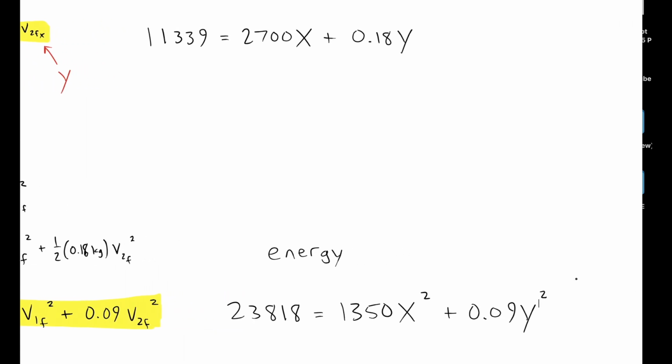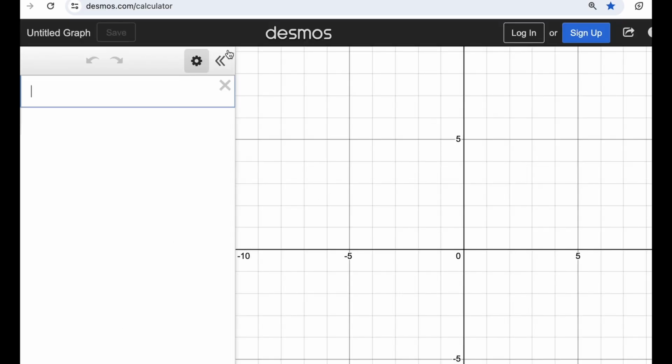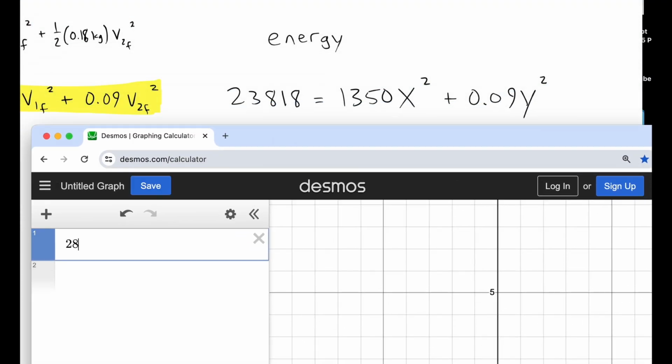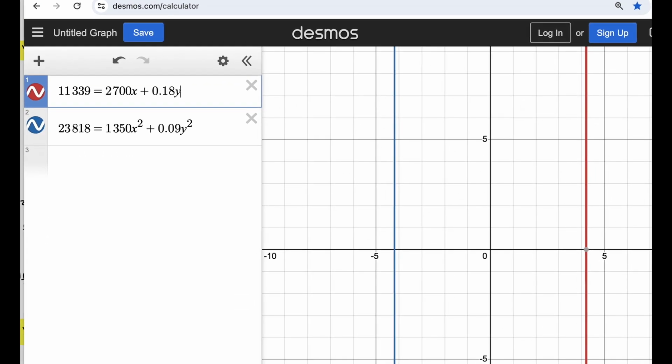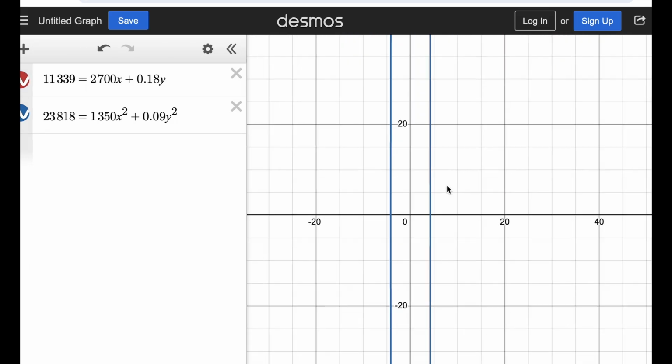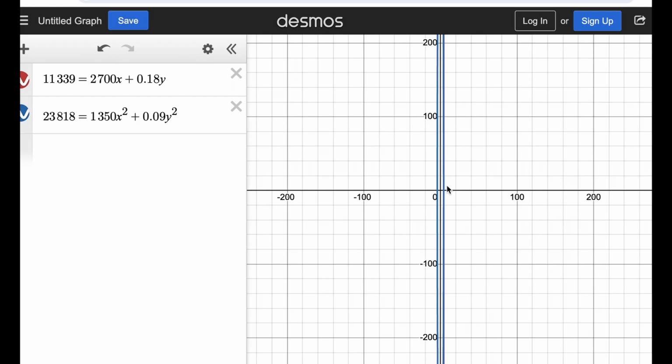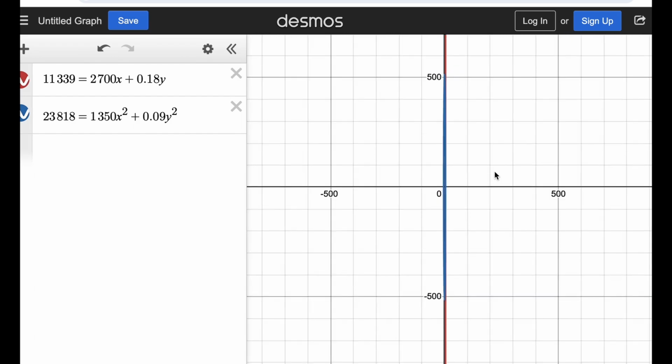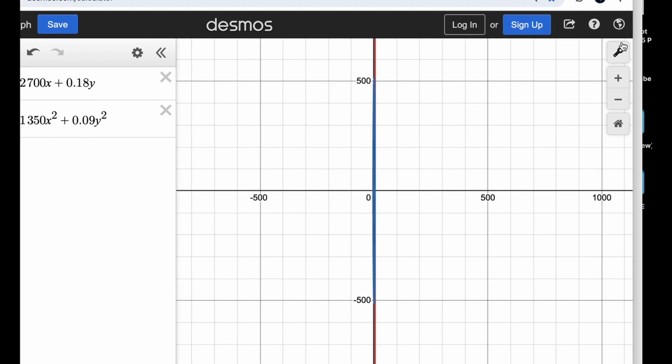Alright, so now let's go to an app such as Desmos. So in Desmos, type in your equations. Okay, now you just have to know how to interpret the answer. So you're going to have to look for where the functions intersect. Now, you're going to have to scale your view a little bit to see it.